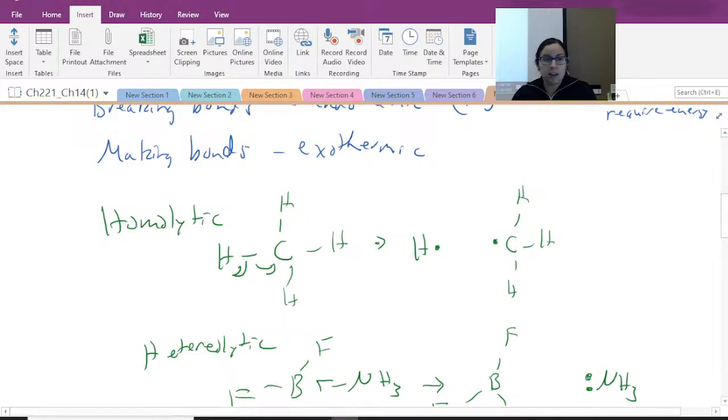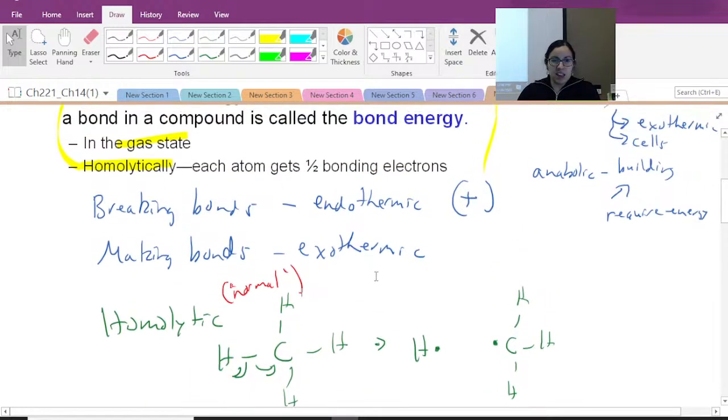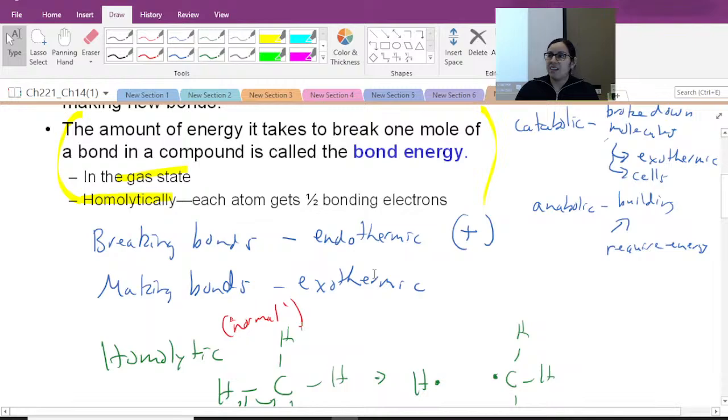Homolytic, you can also call them normal bonds, so most of the time each atom is donating 1 electron to every bond. Would that also be like in making ions? It would be heterolytic? Like if hydrochloric acid broke apart into hydrogen and chlorine, chlorine would just take it and the hydrogen would just be a proton? Well, that's not a chemical bond though. Yeah, it's an ionic bond, so you would just be pulling it apart.